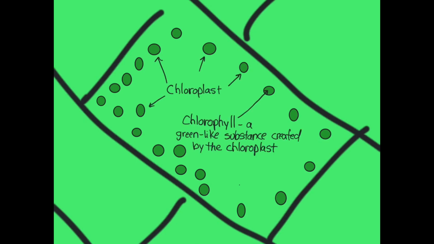The chloroplasts are the little round green shaped objects, and those create chlorophyll necessary for the plant to produce its own food. Okay, let's go ahead and go back to our original picture.